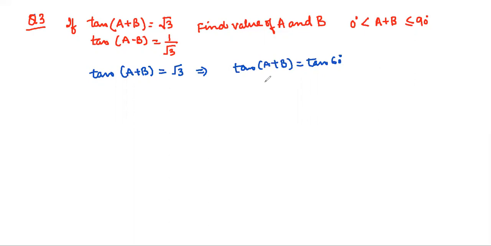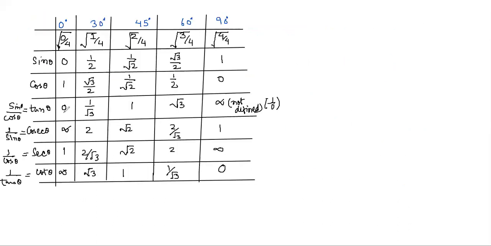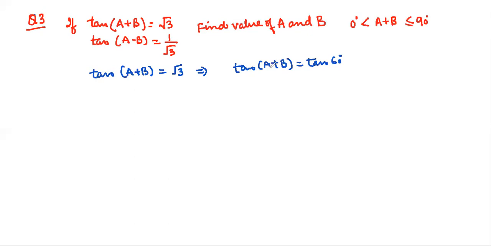So if both the sides you are given tan, that means the angle attached to both of them should be same, because between 0 to 90 degree you have learned the values here. Between 0 to 90 degree, nowhere the value is repeating itself. So that means if the trigonometric ratio is the same, the angle attached to it should be the same. So this implies A plus B is equal to 60 degree.